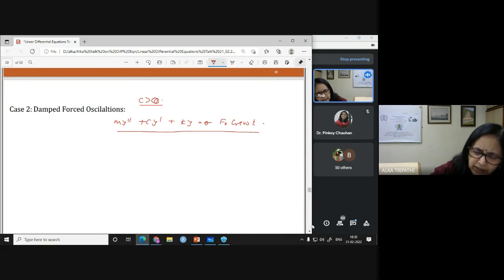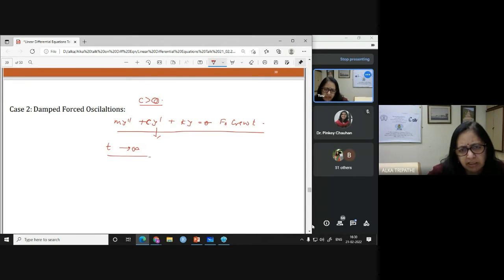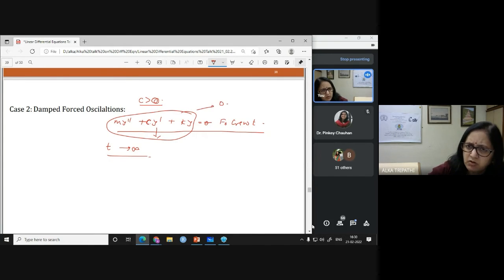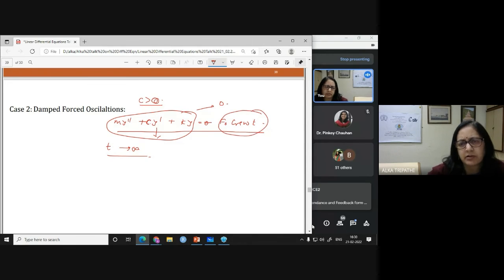We find that in this case, if we substitute c and simplify, as t tends to infinity, that is as t increases, our free oscillation, that is the yc part, becomes 0 and we have only the forced oscillation part remaining.